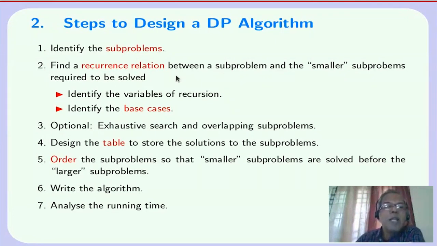When we write a recurrence relation, we also identify the variables of recursion. It may be a recurrence relation involving only one variable or two variables or even three variables. We will see examples of each of these. Also, we know that every recurrence relation or recursive definition should also have base cases or boundary cases.